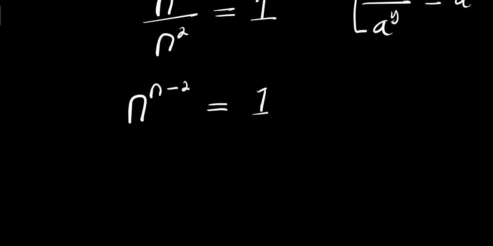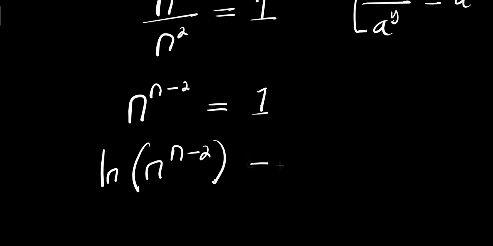So next thing we can do is to apply natural log. Natural log of n power n minus 2 equals natural log 1.